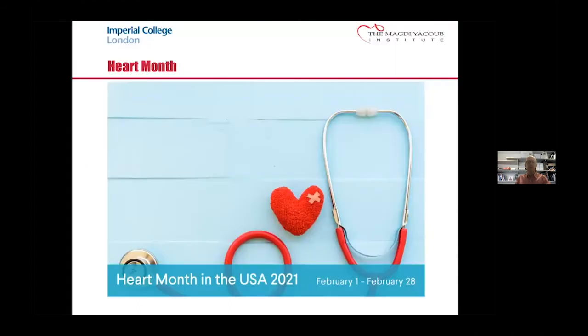So, of course, this month in the USA and in the UK is Heart Month. So I've donned a red shirt, the only one I've got, in honor of this. And I believe you have some other heart-centered talks during this month.